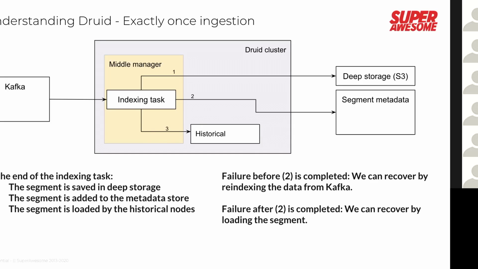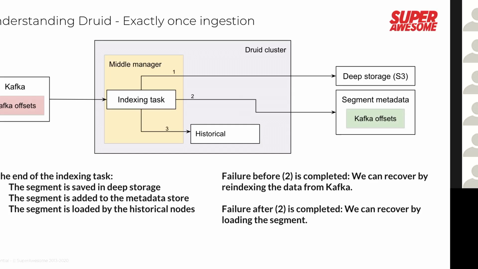One extra thing to understand about that is how Kafka offsets are stored into Druid. By default, when you have a Kafka consumer, outside the context of Druid, the progress of the consumer would be stored in Kafka.